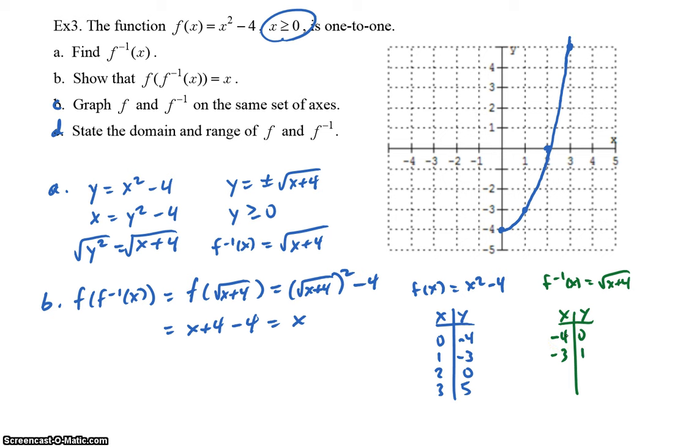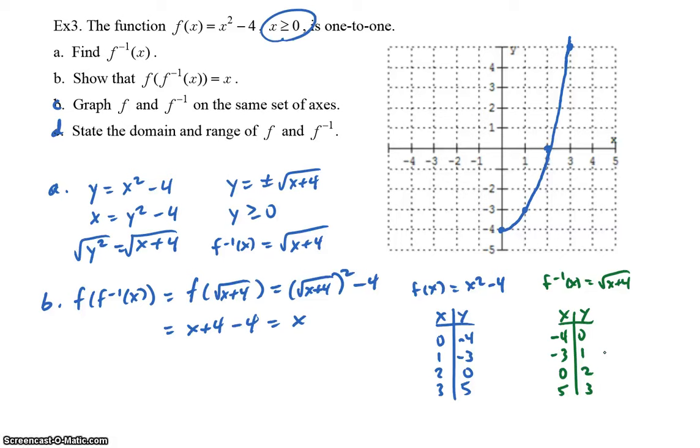Now, technically, I'm not cheating. I'm just being efficient, because if this is indeed the inverse function, it should reverse the roles of x and y. You can check this by substituting some of these values of x back into the inverse function.